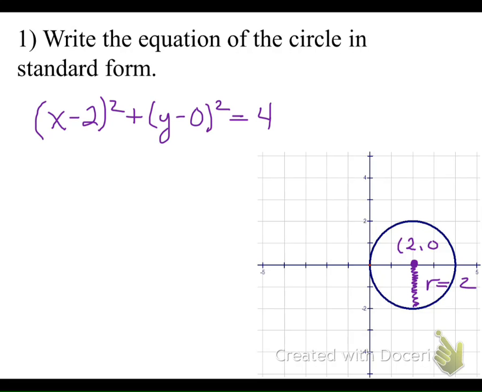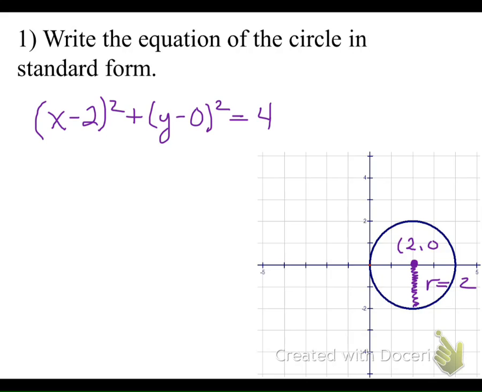Okay, so if you got quantity x minus 2 squared plus y minus 0 squared equals 4, you've done a great job. However, it's not quite finished.